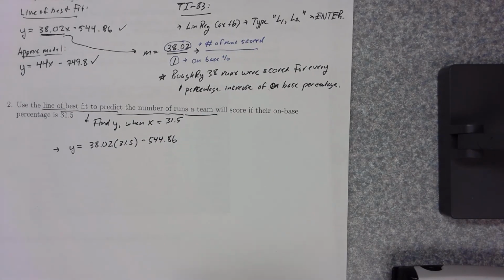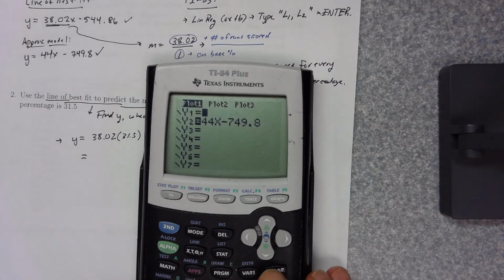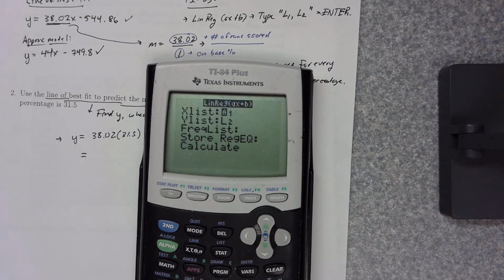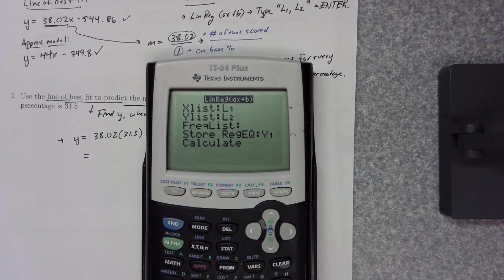And you can actually evaluate that. So I stored y1. I went to calc, linreg, and stored it in y1. That was under vars, yvar, function, y1.